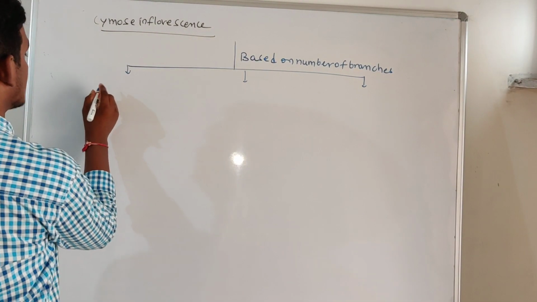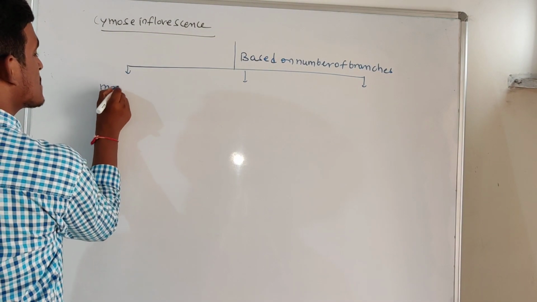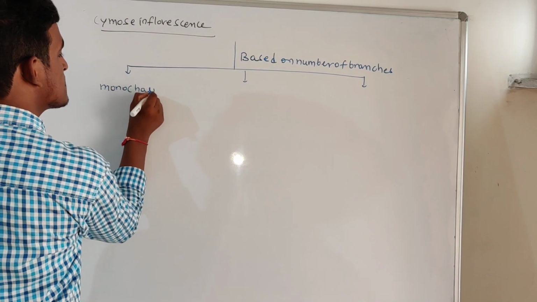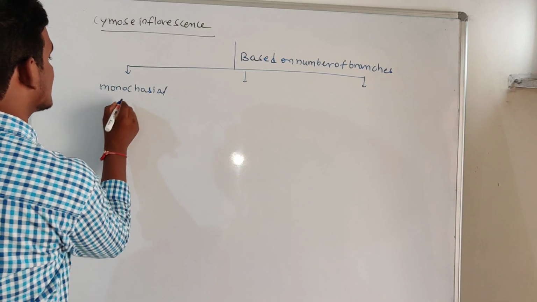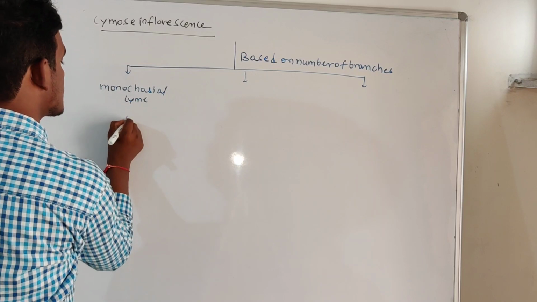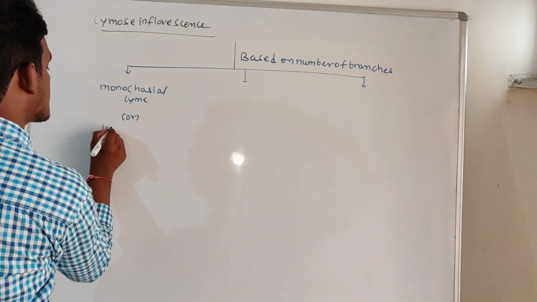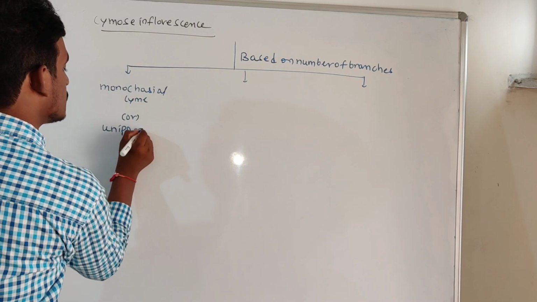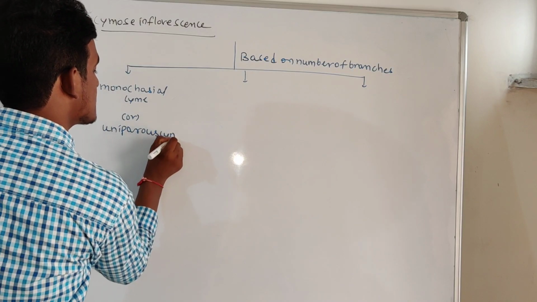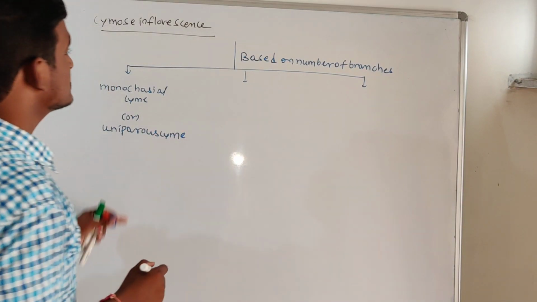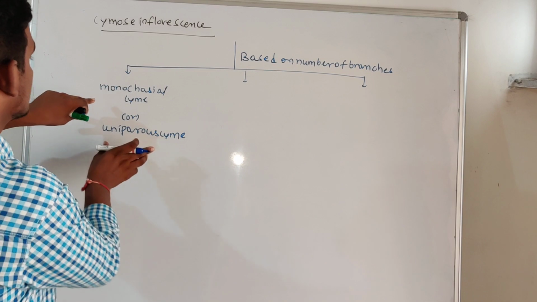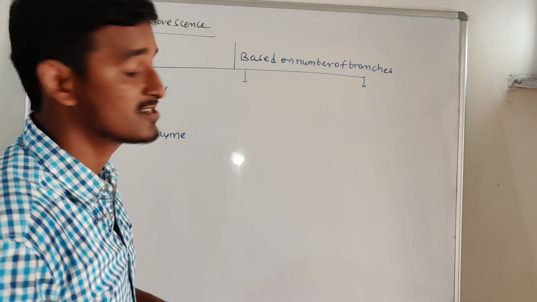The first one is the monochasial cyme or uniparous cyme, which produces a single branch.